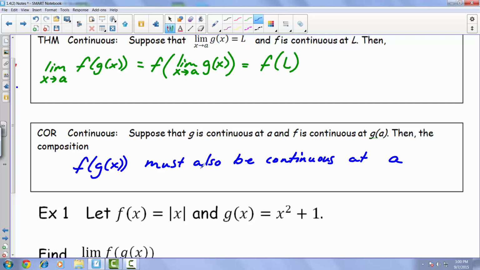Again, that's just like the transitive property in mathematics that we've seen in the past, but it has to do with things being continuous and compounding continuity. Then the outside most function would also be continuous as well.